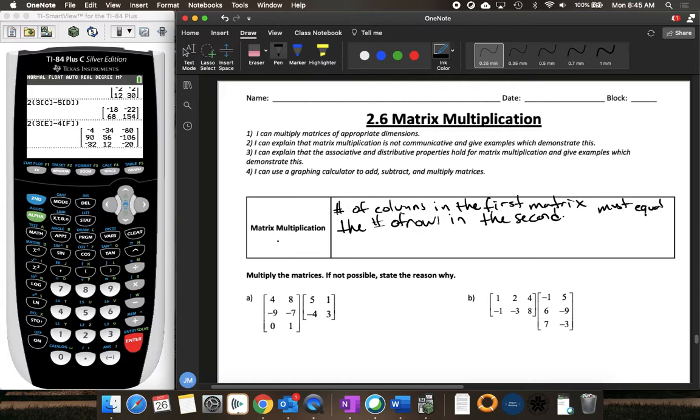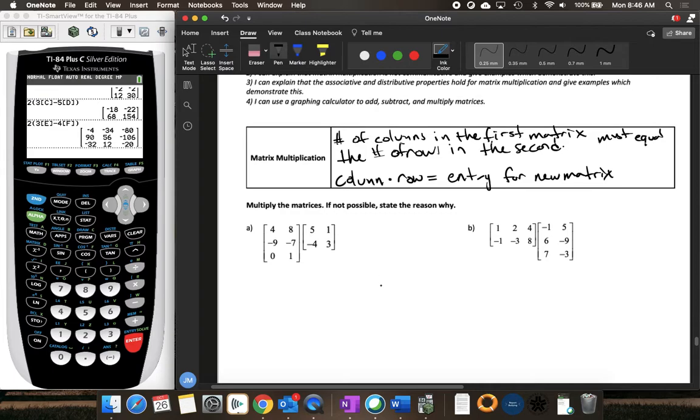And then as far as multiplying goes, when you multiply column by row, it's going to give you, for that column and that row, a single entry for the new matrix. And again, we'll be looking at some examples. So if that doesn't quite make sense right now, hopefully it will make more sense as we go through some examples.